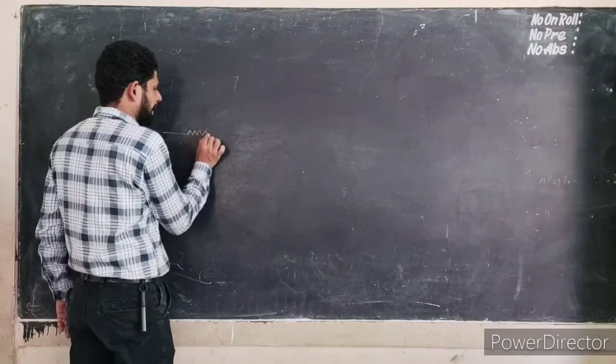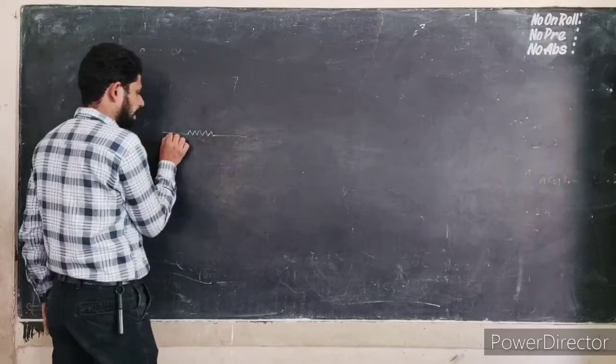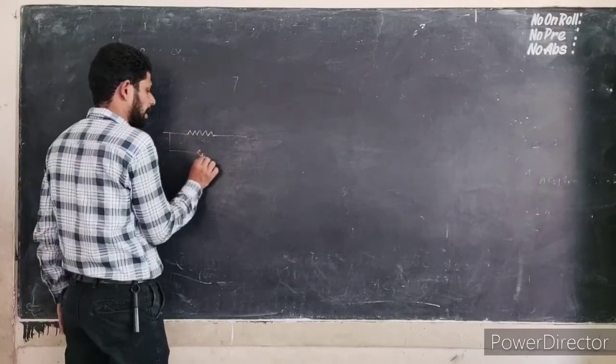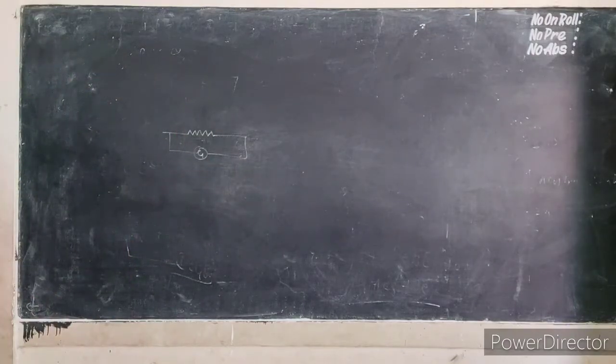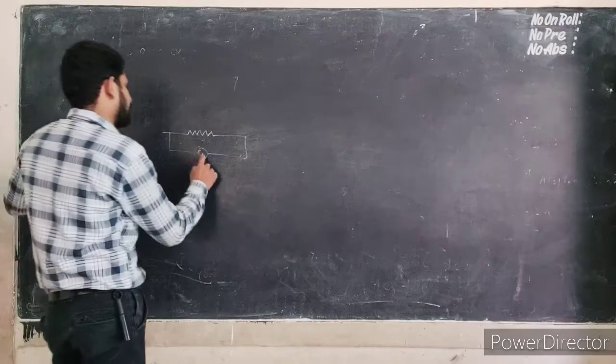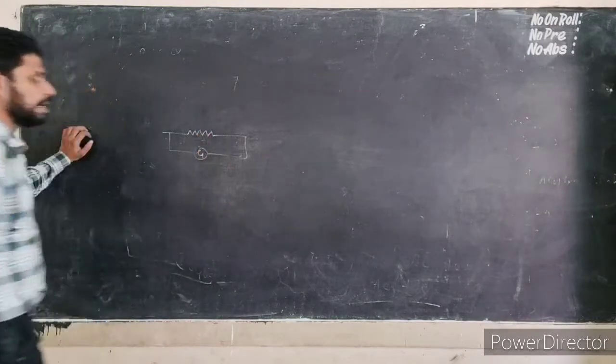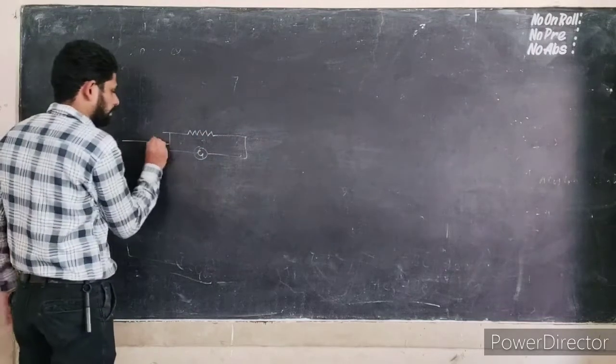When you connect a low resistance in parallel to the galvanometer, it acts as an ammeter. See, the current will go like this.